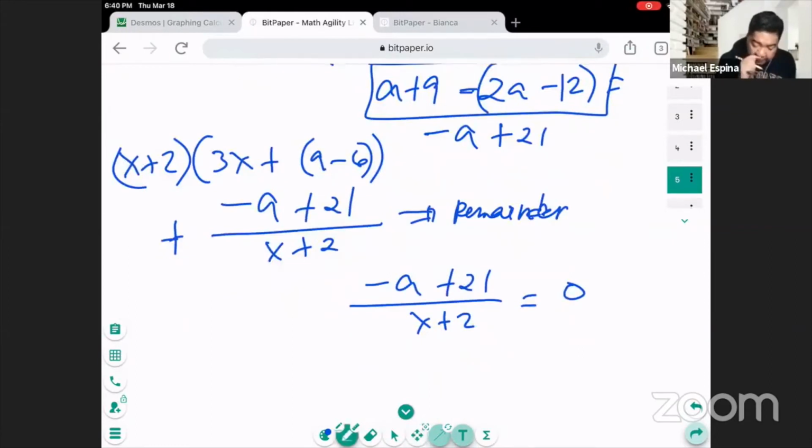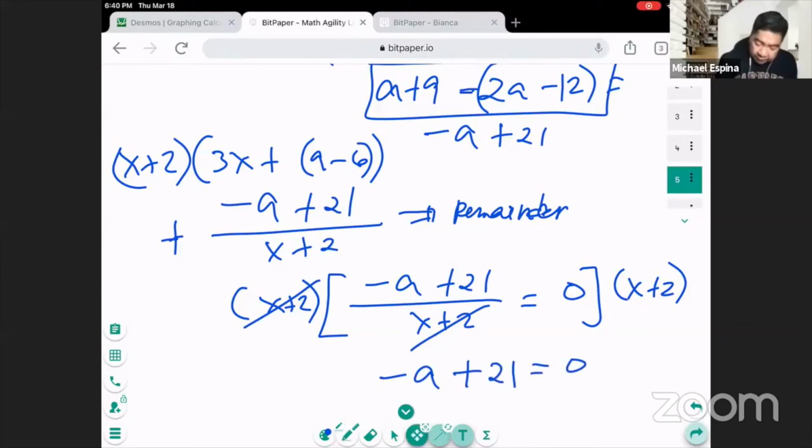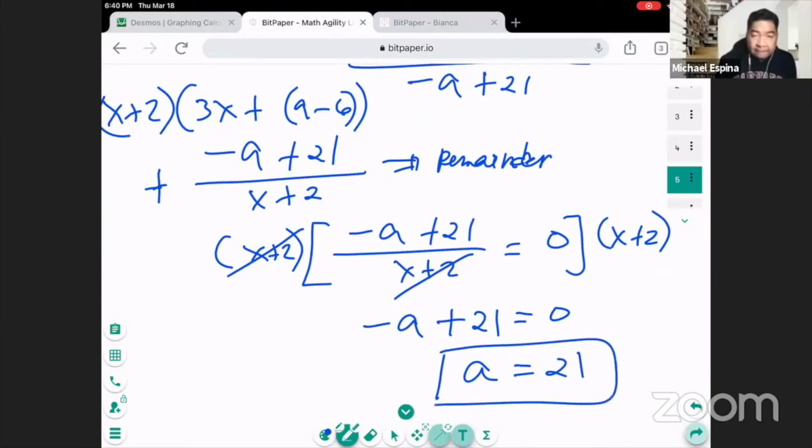So if we multiply both sides of the equation by x plus 2, this cancels out and this will be 0. So what is left is negative a plus 21 equals 0. Therefore, a should be equal to 21, right? So let's substitute this in the original equation.